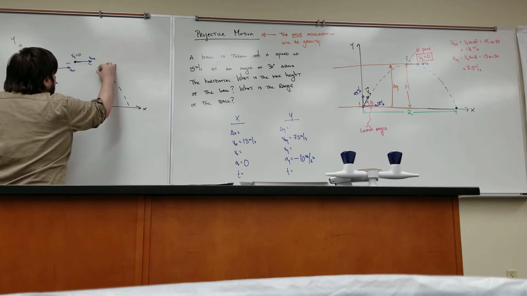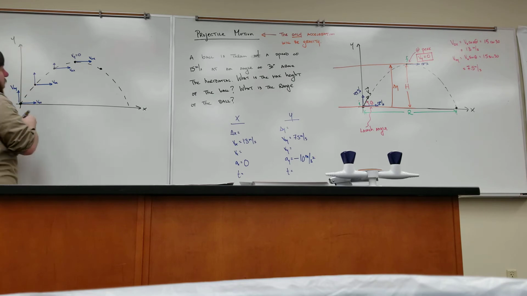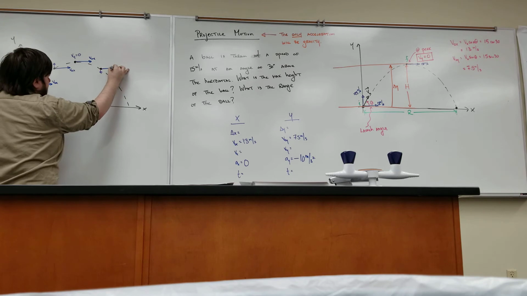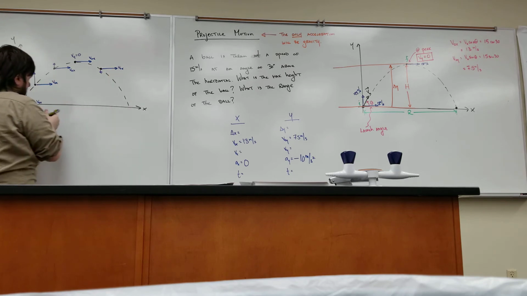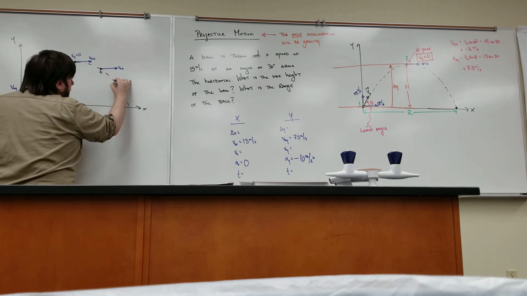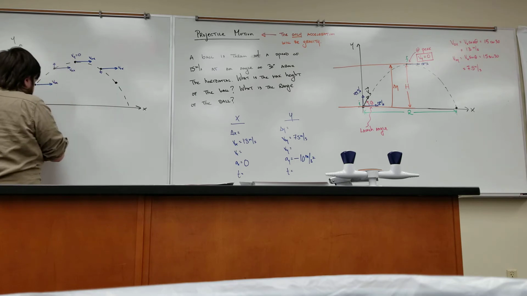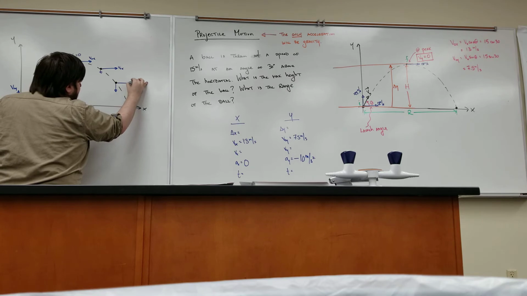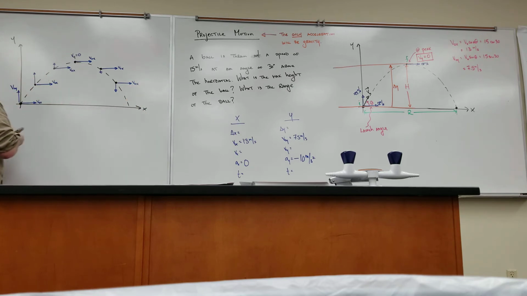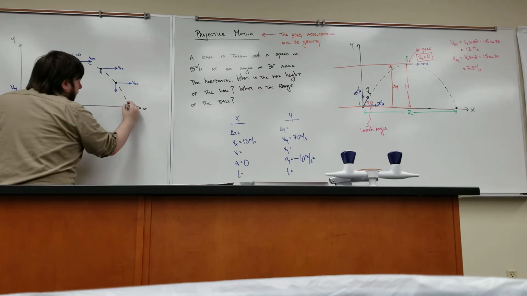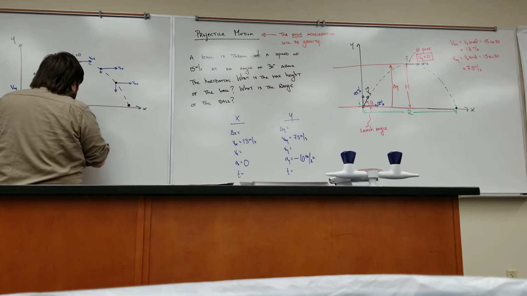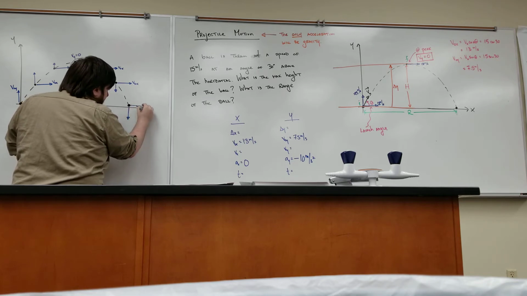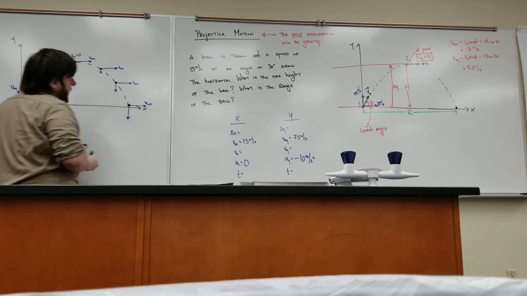So over here, it has a small y velocity downward, and the x velocity is the same. When it drops farther, it has a larger y velocity, and the x velocity is the same. And then by the time it reaches the ground, it has the largest y velocity, and the x velocity is still the same.